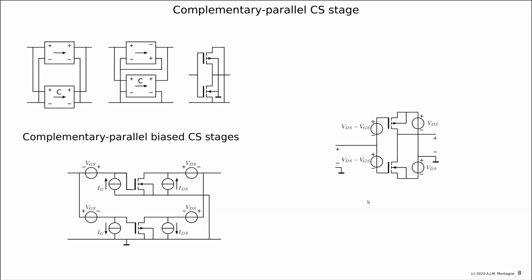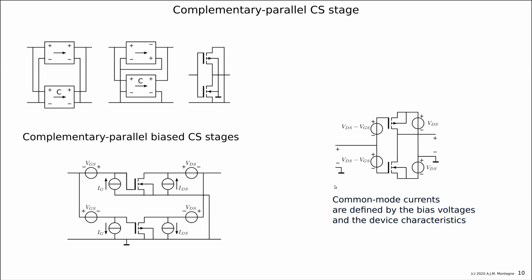This is basically the way of biasing, and a common mode current is not observable, of course, and doesn't need to be applied. It's just a result of the voltages applied and the device characteristics, as it was for the common mode voltages of the differential pair.